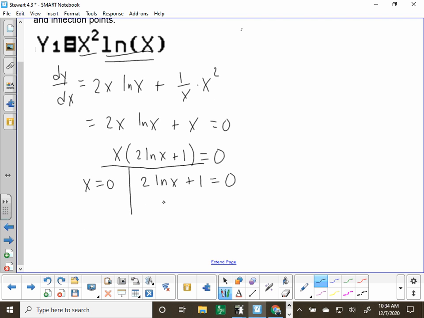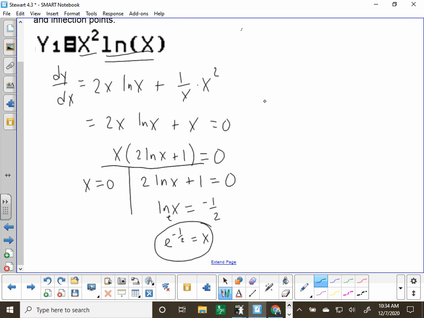Now we have to solve this: natural log of x is equal to, subtract the 1, divide by 2, negative 1 half. So the base is e, so e to the negative 1 half is equal to x.